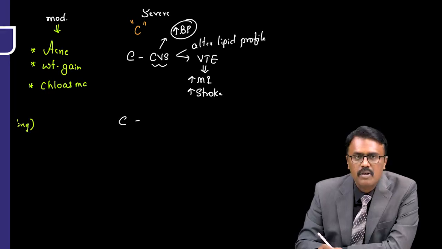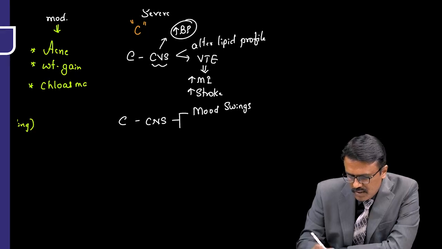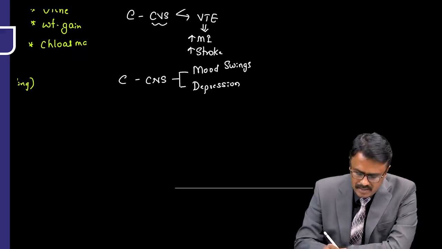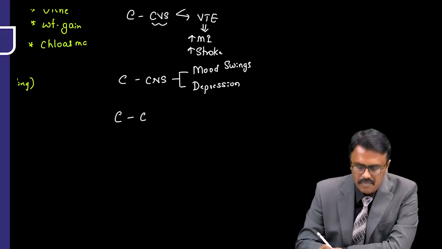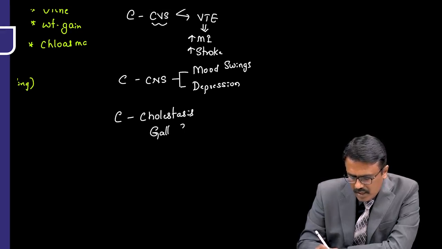Then another C for CNS. So in CNS, these drugs can cause mood swings. Patient may have mood swings and they may develop depression also. And C, the cholesterol. So cholestasis leading to gallstones can also happen.